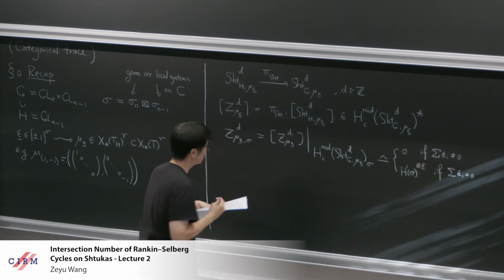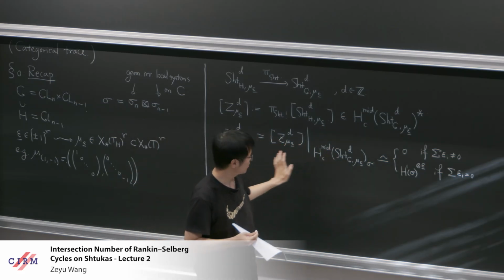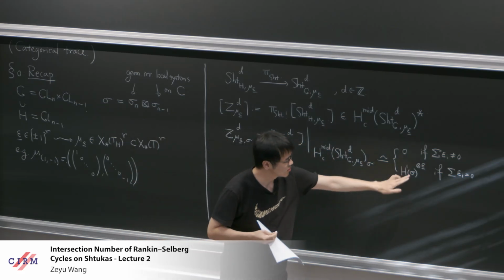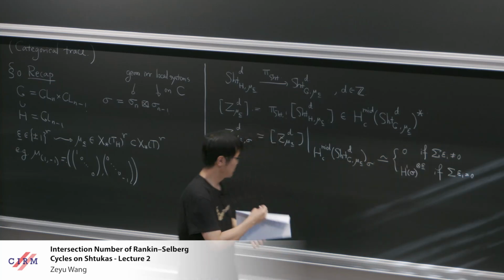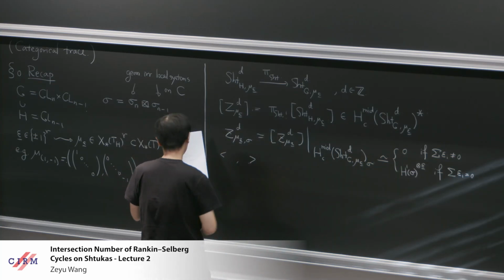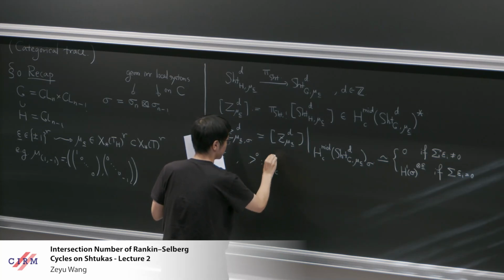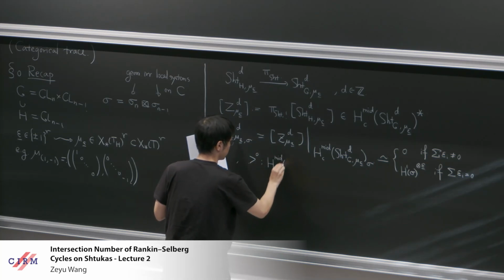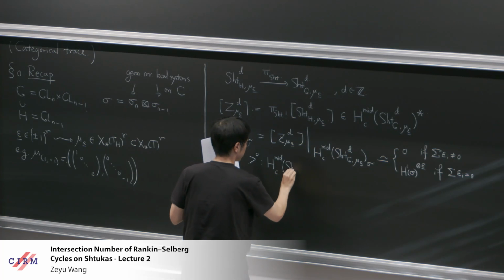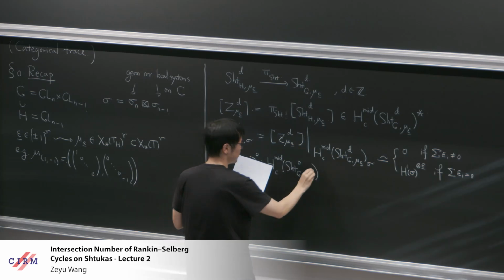Okay, so your job is to try to understand some elements in this very explicit vector space, and also you have this intersection pairing, which is a bilinear form on the middle dimension compactly supported cohomology of Shtukas. So I only care about the degree 0 component.